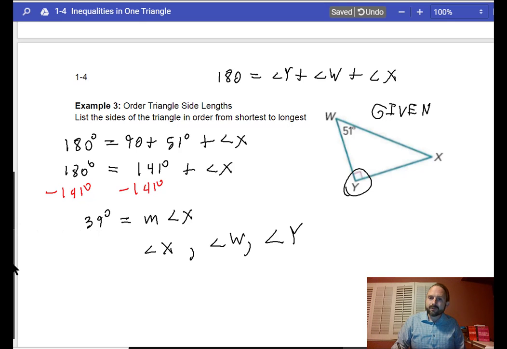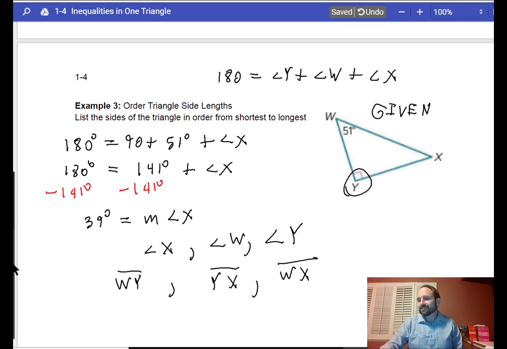So across from angle X is WY. And then across from angle W is YX. And then the last side, that would be the longest side, is WX. Now, if you switch the order of these two letters, that's totally fine.